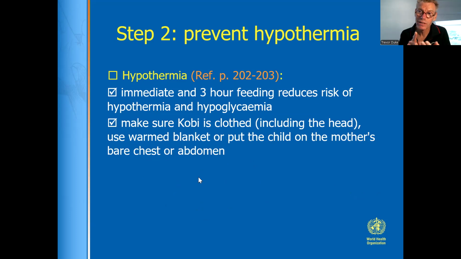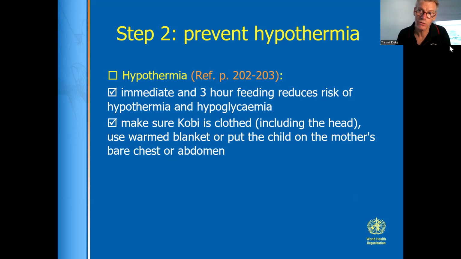In terms of hypothermia, feeding the child prevents hypothermia, because the reason why children get hypothermic is, one, they often get exposed. Two, they're using up all their energy for metabolism, and they don't have enough energy to maintain their body temperature. So if you give immediate and 3-hourly feeds, that reduces the risk of hypothermia and hypoglycemia. To prevent hypothermia, make sure that Kobe is clothed, including a woolen hat on his head if you can, and use a warm blanket, or put the child on the mother's bare chest or abdomen.